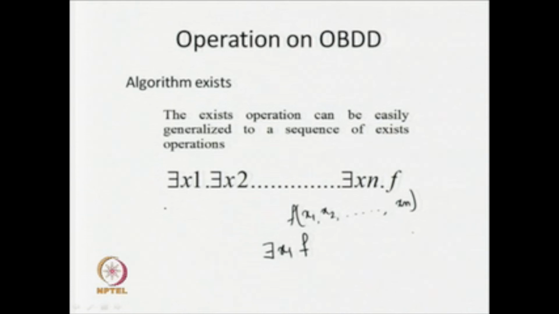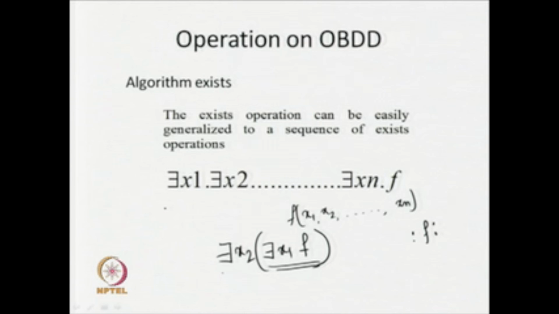So, we are going to get one function which is now independent of x 1. Now, what will happen to this particular function? Again I can put a relaxation on the second variable x 2. That means, whatever resultant function I am getting, I am going to now put another relaxation on this x 2.